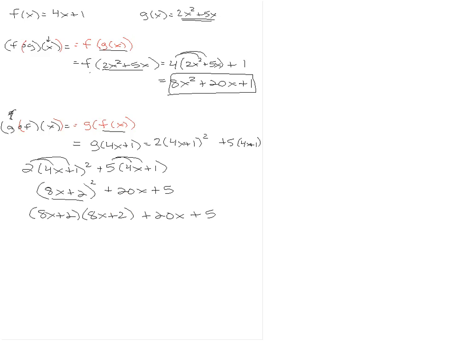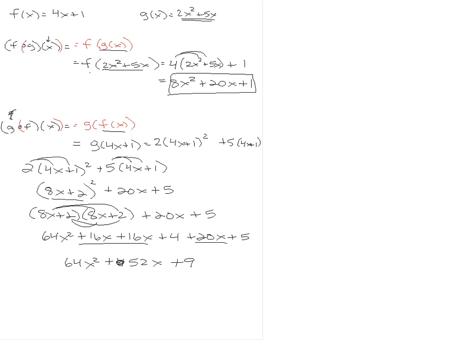So 8x times 8x is 64x squared. 8x times 2 is 16x. 2 times 8 is another 16x. 2 times 2 is 4 plus 20x plus 5. Combine like terms, you get 64x squared. 16 and 16 is 32 plus 20 is 52. 52x plus 9. And there's your answer. They asked us in terms of x, and we gave the answer in terms of x.